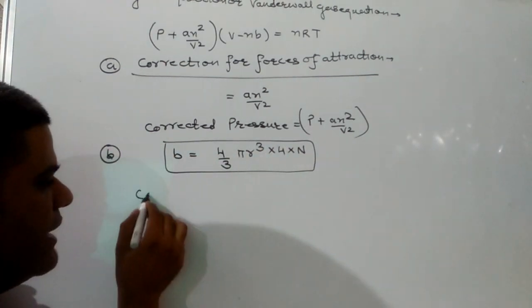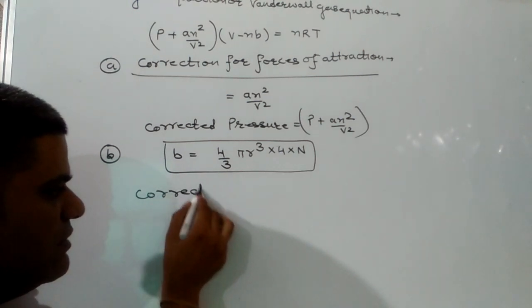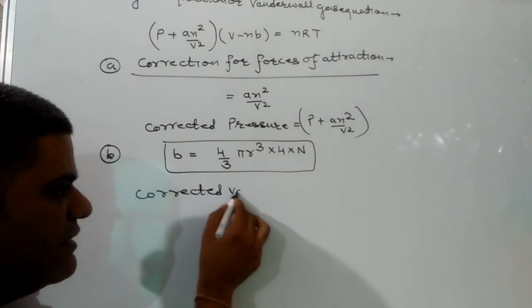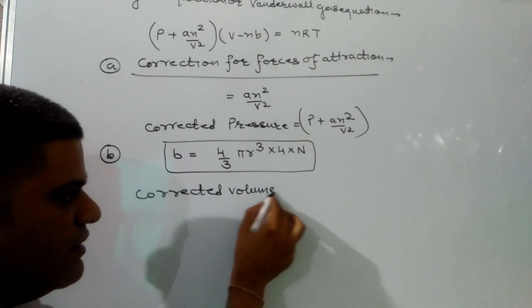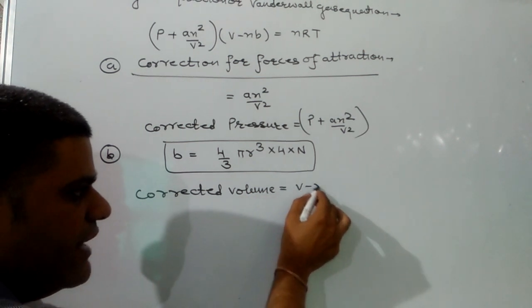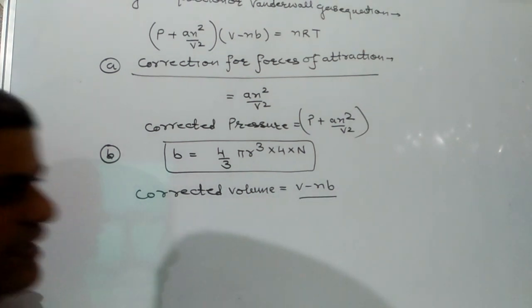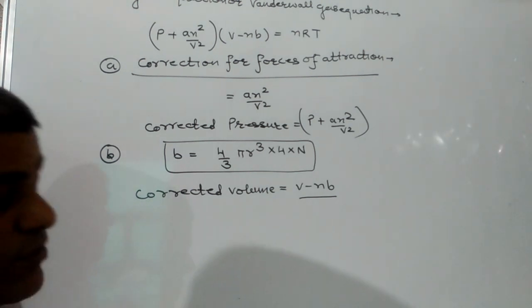So here the corrected volume will be V − nb, where b is the excluded volume.